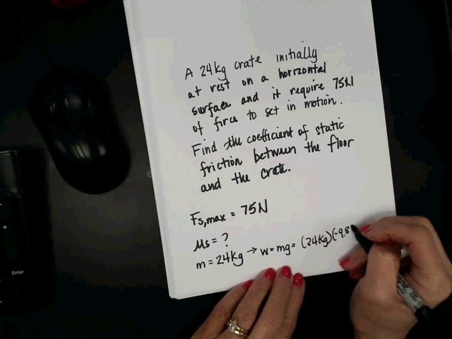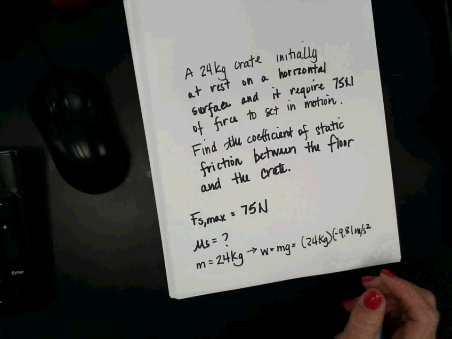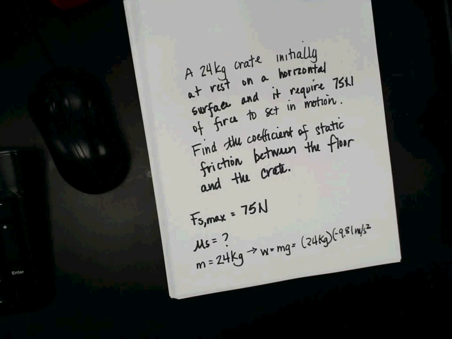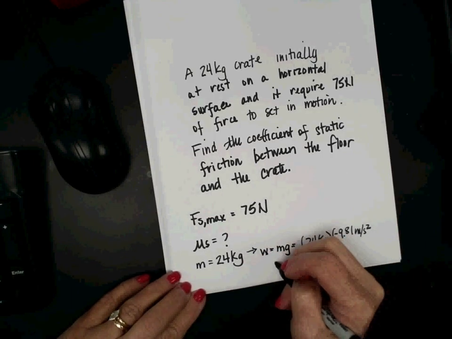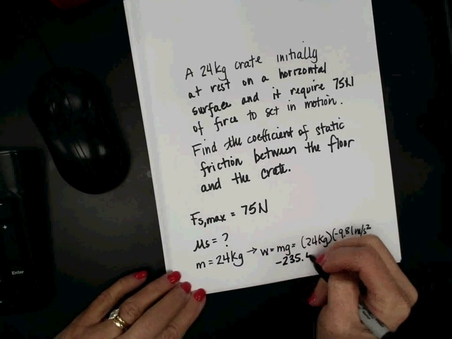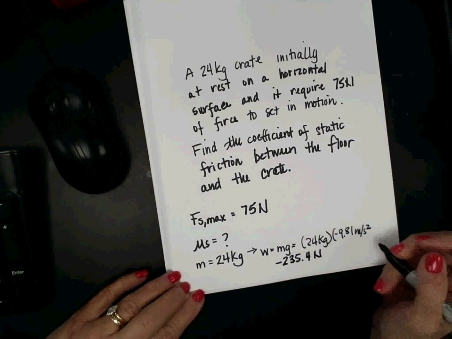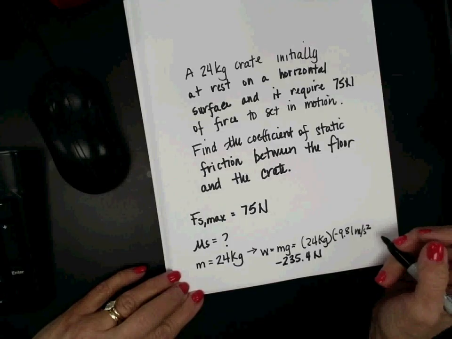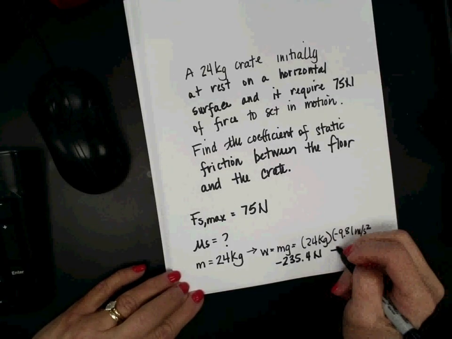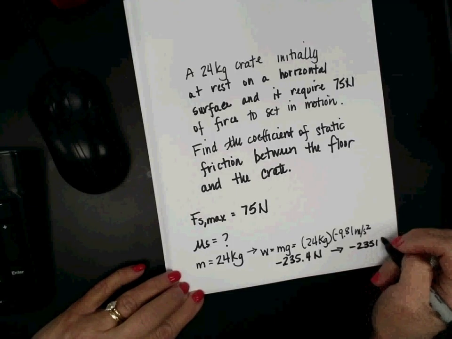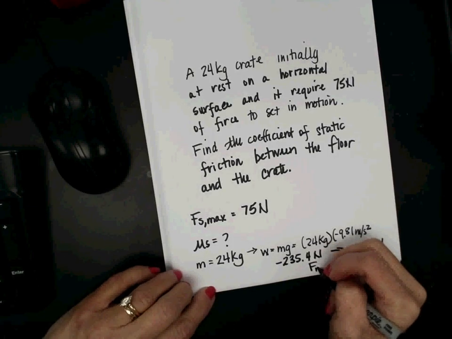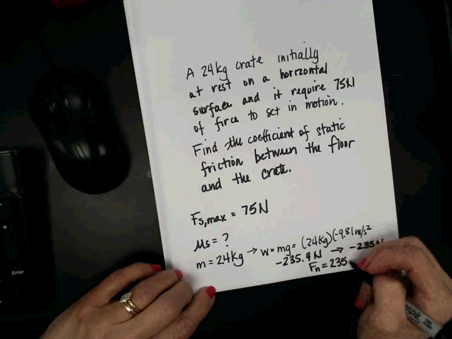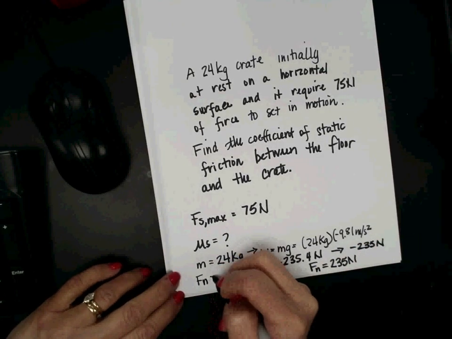24 kilograms times negative 9.81 meters per second squared, which gives me a value of, let's see, I gotta grab a calculator, guys, sorry. 24 times negative 9.81 gives me negative 235.4 newtons, and I'm really only supposed to have 2 sig figs, so I'm going to make this negative 235 newtons, and my Fn is equal but opposite, so that would make it 235 newtons.